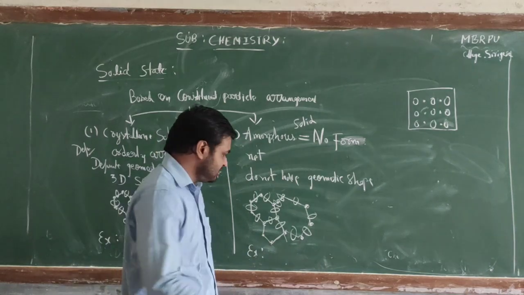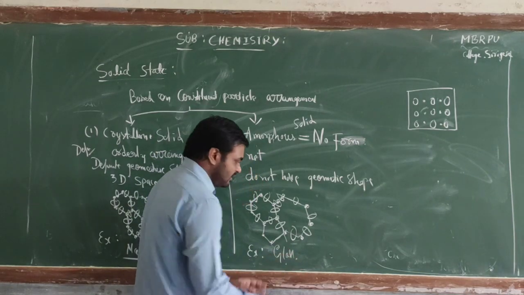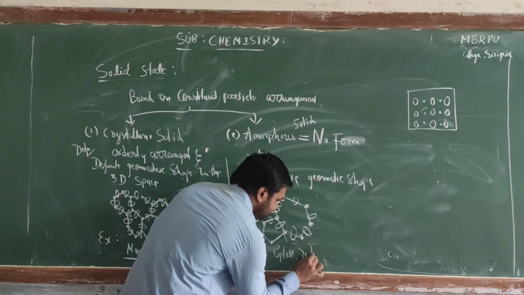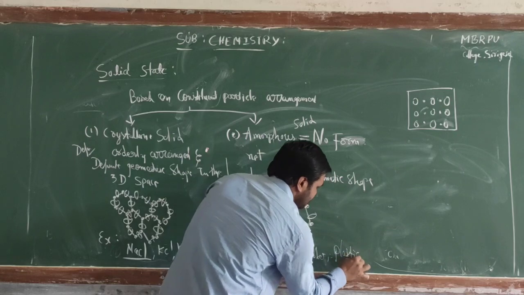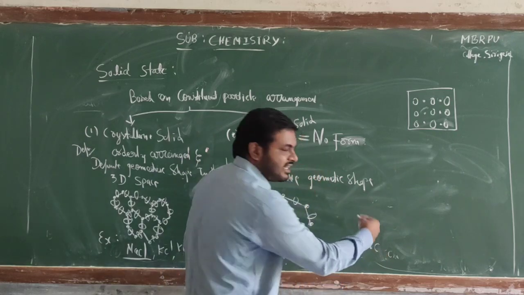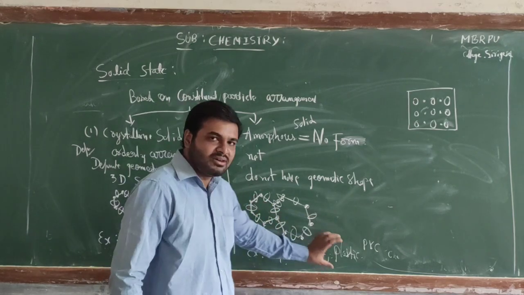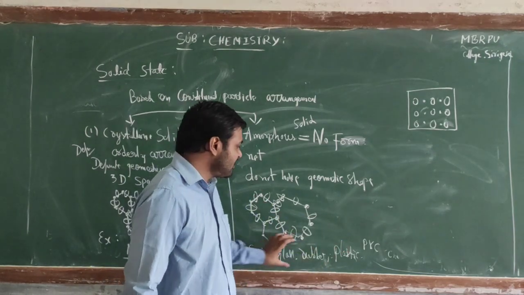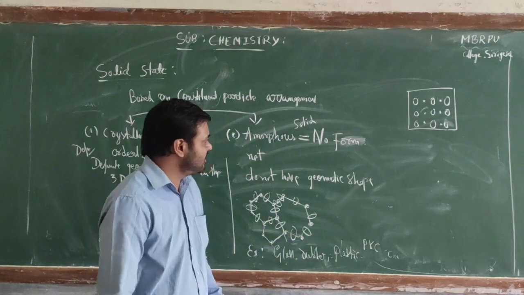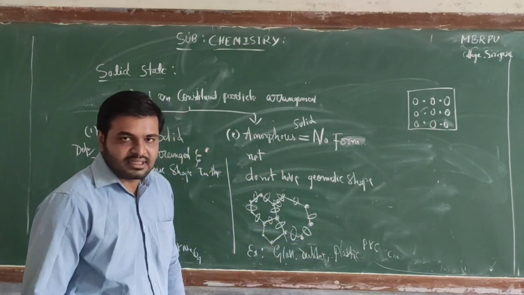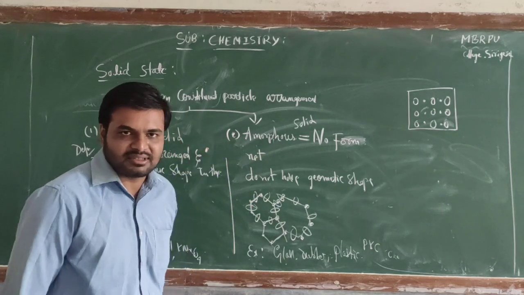Yes, glass, rubber, plastics, PVC, polyvinyl chloride, fiber, then cellulose. Those are all examples of amorphous solids. Okay? So, this is the definition of crystalline and amorphous.